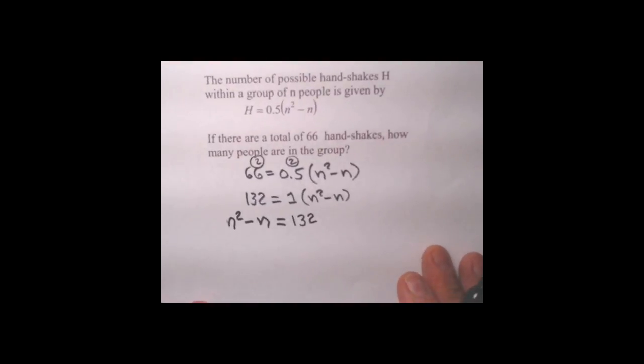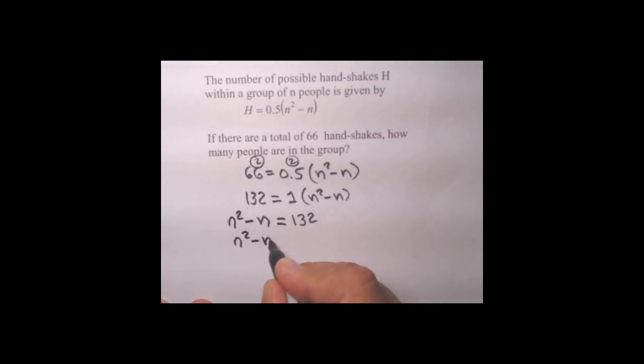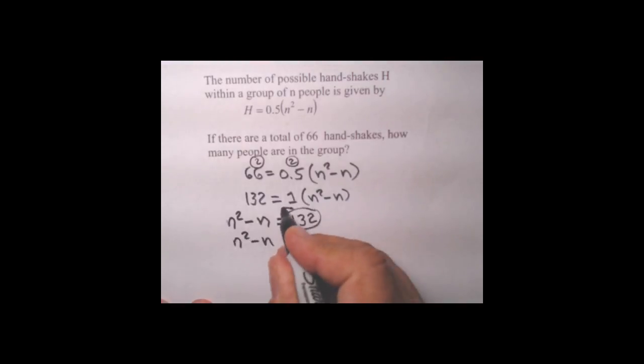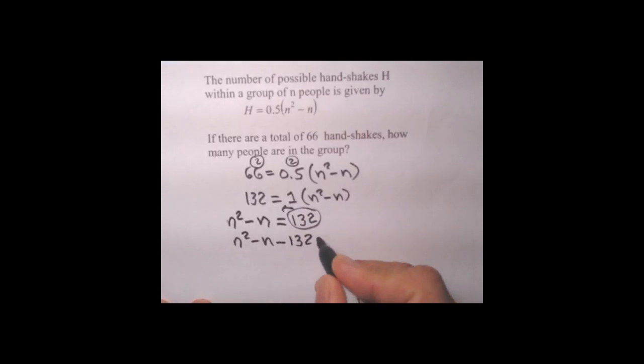Let's move everybody to the left, because remember, this is a quadratic. We got an n squared here. So n squared minus n, take the 132 and move it over, it comes over as negative 132 equals 0.